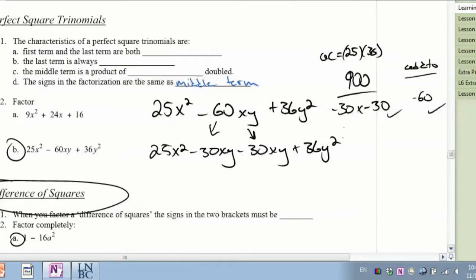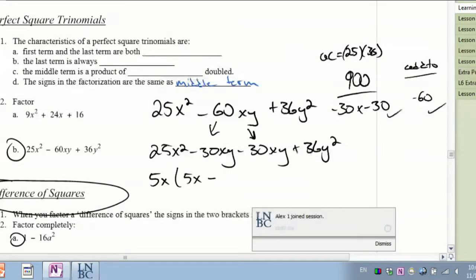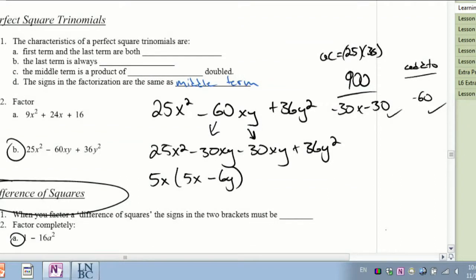Break it into two parts, factor out anything common. So I get 5x, which leaves me 5x minus 6y. And here I can pull out a minus 6, which gives me 5x.